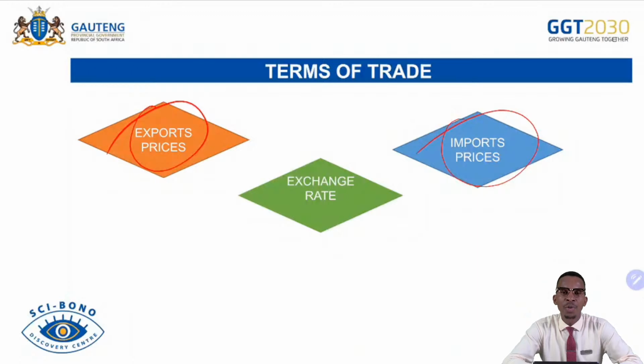That will have a bad effect on our terms of trade in the long run, because if they are replaceable, terms of trade will decrease in the long run, though they can increase in the short run. So appreciation will lead to an increase in terms of trade in the short run. In the long run, they can decline depending on whether the goods we are exporting are relatively elastic or inelastic.